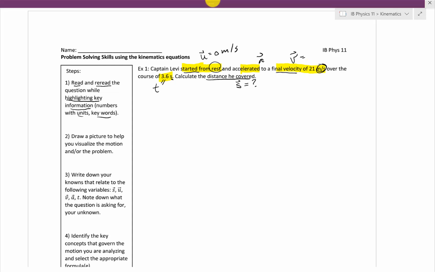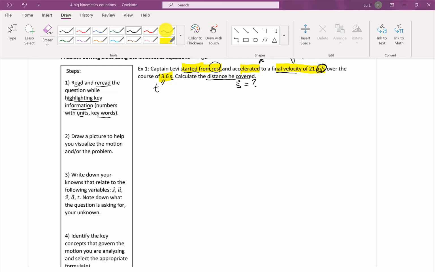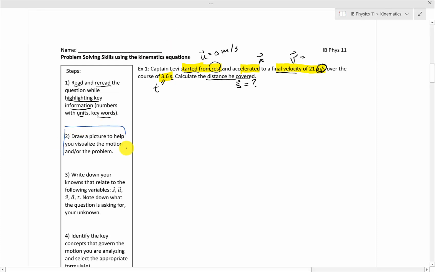The next step is step 2: draw a picture to help you visualize the motion or the problem. What I am also going to add is that you must label your directions in this step.